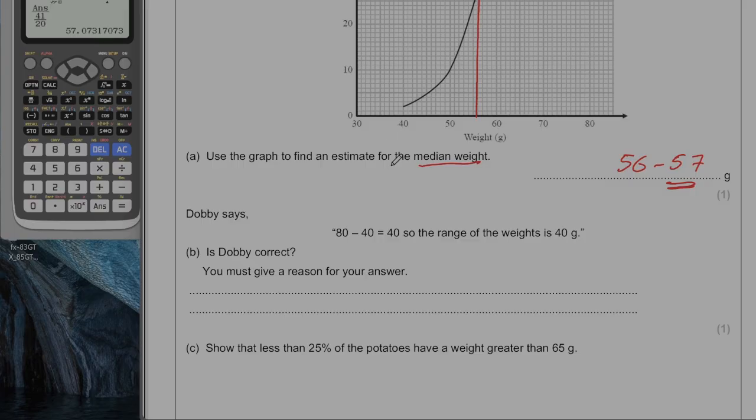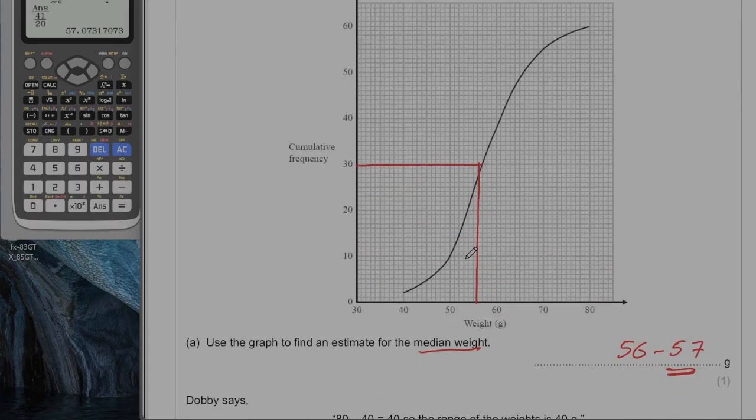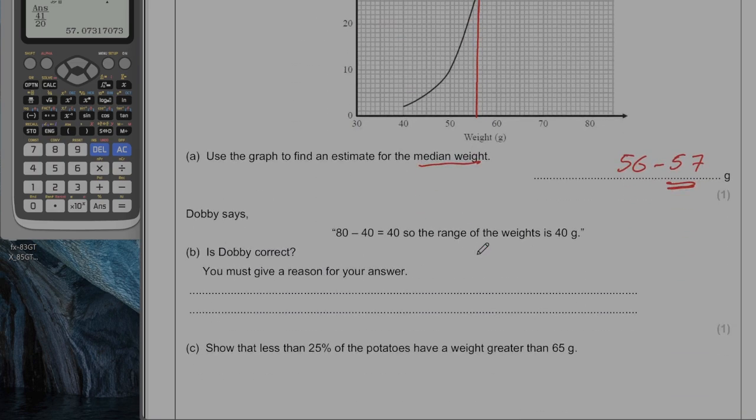Dobby says 80 minus 40 is equal to 40, so the range of weights is 40 grams. Is Dobby correct? You must give a reason for your answer. Technically, for a cumulative frequency graph, we don't know that the maximum value is 80, and we don't know that the minimum value is 40.